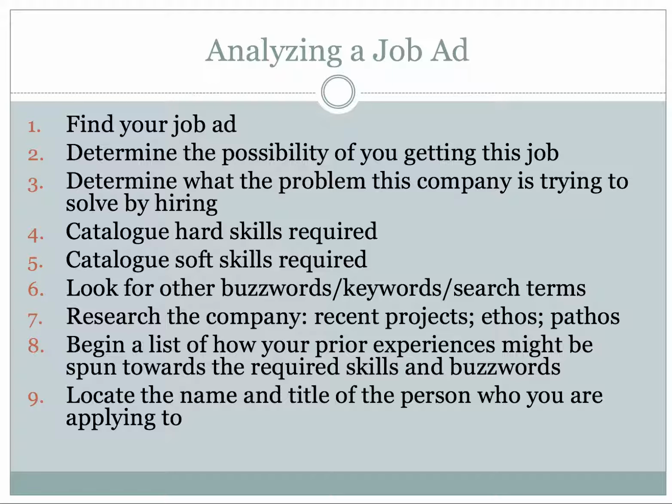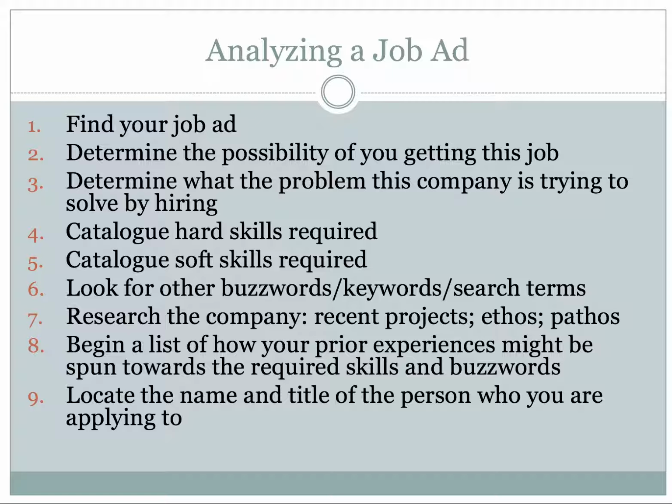Begin a list of how your prior experience might be spun towards the required skills and buzzwords. So when we're coming out of college, we're going to read a quick reading about getting hired as a graduate. When you're coming out of college, you don't have a ton of experience. If you're lucky, you have an internship or two under your belt. Sometimes you are working another job, so you couldn't do free work for people.